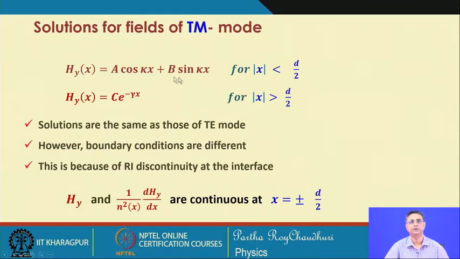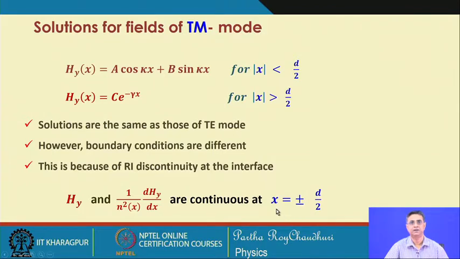So, by doing this we have a set of field equations satisfied by the wave in the cladding and in the core region. The solutions are the same as those of TE modes, but the boundary conditions this time are different, because now it is not del Hy by del x, but this quantity that will be continuous across the interface, and this quantity will be continuous across the interface.